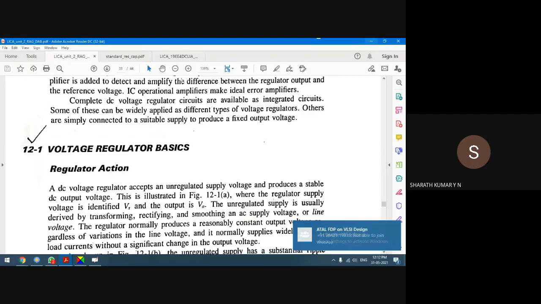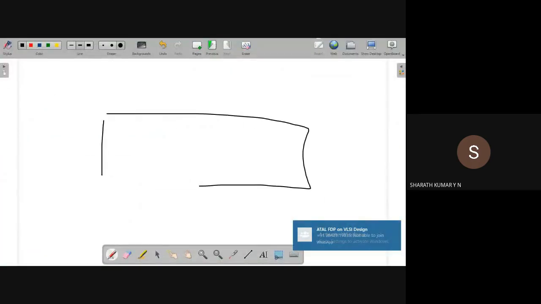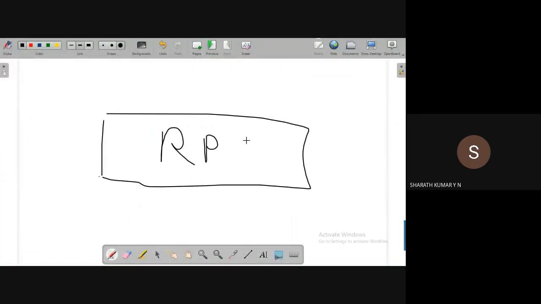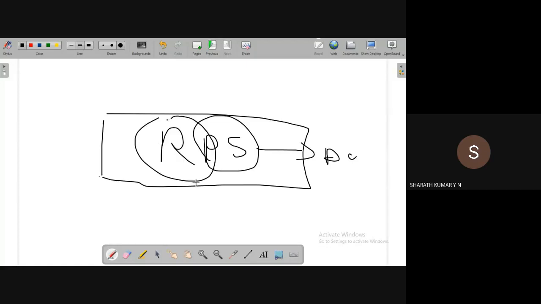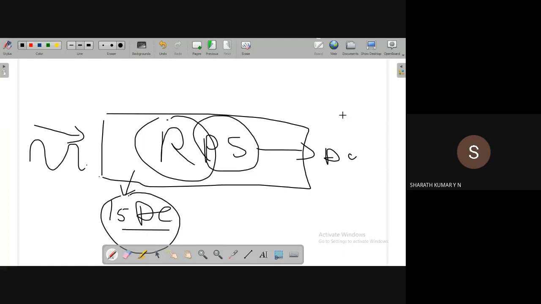So I was talking about that regulated power supply, RPC. Why is it called a regulated power supply? A power supply provides a DC voltage. What is regulated? It gives a standard output. For example, if it gives 15 volts, irrespective of variation in the input AC voltage, it gives a constant 15 volts DC source. For microcontrollers also, in our course on processors and controllers, we have to apply 5 volts, and this should be a fixed voltage.